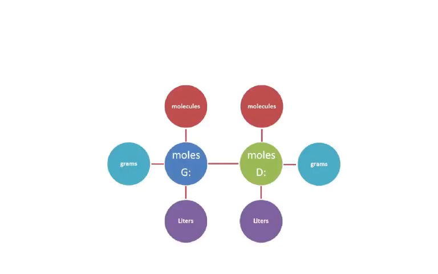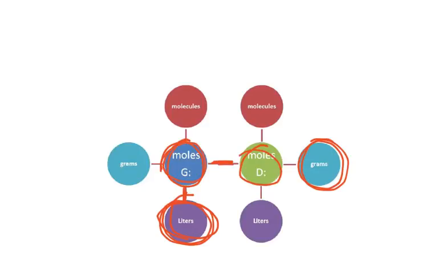We are starting with liters of O2, and we are trying to get to liters of CO2. So we're going to have to go from liters to moles of our given, moles of given to moles of desired, and then moles of desired to liters of desired. So we can see that's going to take us 3 steps.